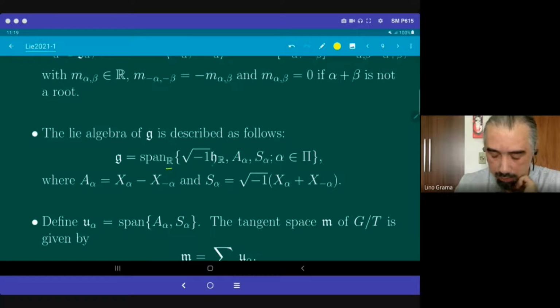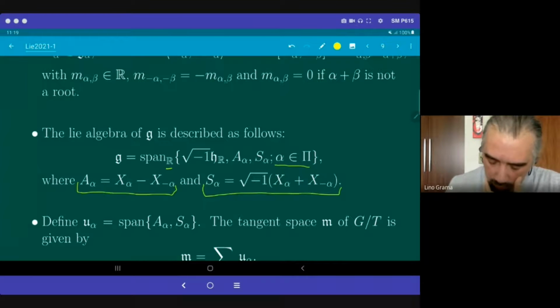This is the realification of the Cartan subalgebra multiplied by the imaginary unit, A_alpha and S_alpha, where alpha runs in capital Pi, where A_alpha is given by this vector, and S_alpha is given by this vector.